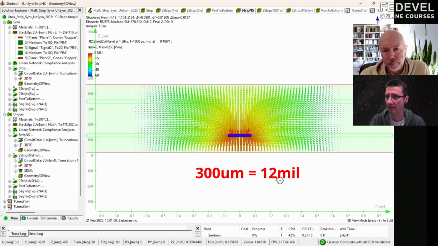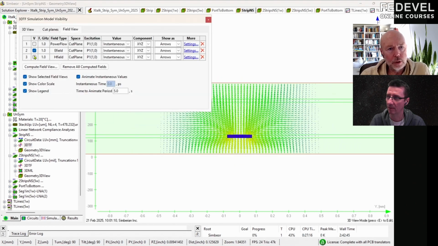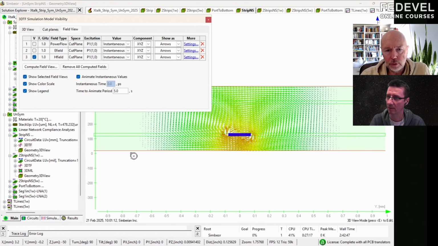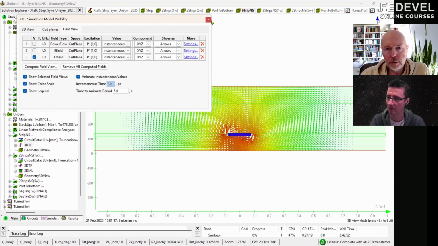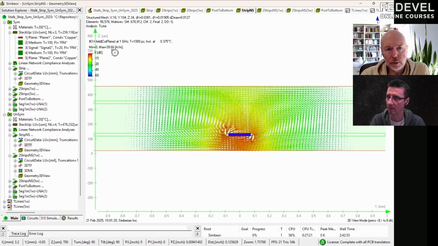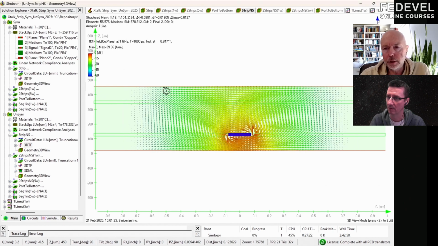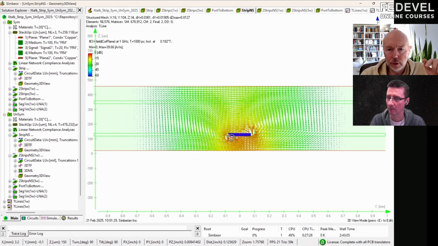And again, we can take a look at magnetic field. Magnetic field, you can see it goes a little bit further, but the reason we can see it further here is that it is normalized to electric field, which has singularity at the edges, and that basically creates larger electric field at the edge.